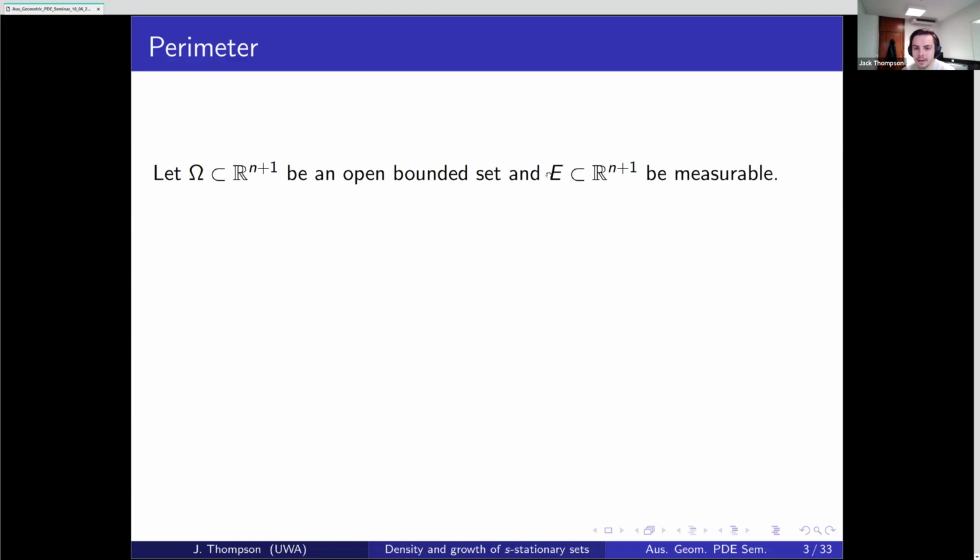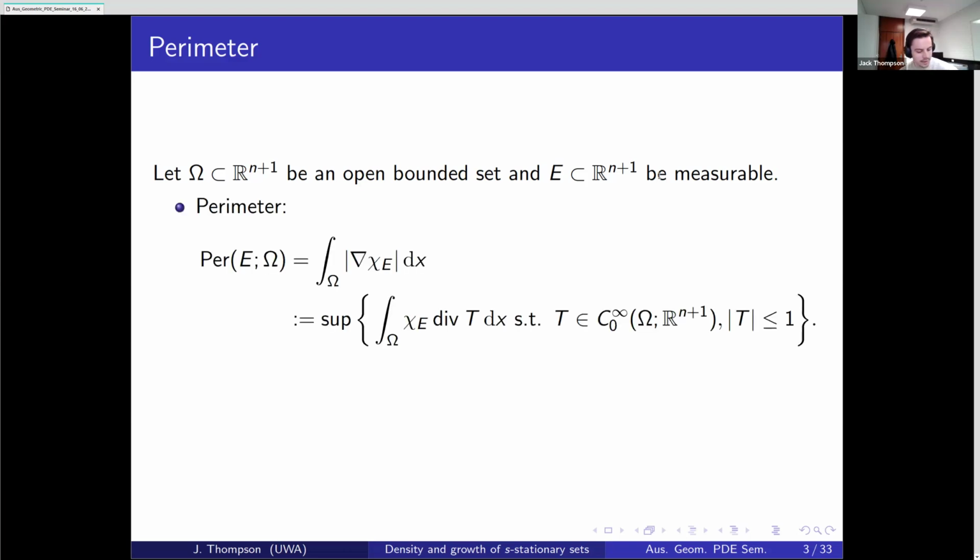And then we take E, which is the set that we care about, also in R^{n+1} and Lebesgue measurable. Then we can define a notion of perimeter of this set. The point here is that at this point, there's no regularity imposed on E. So this is why we have such a complicated definition for perimeter.